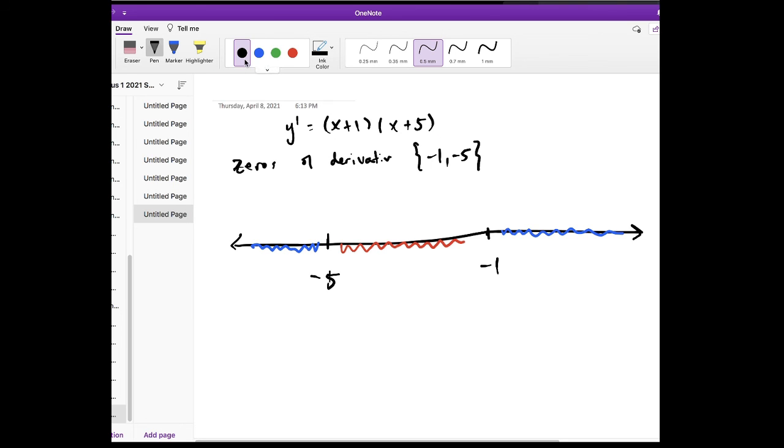Okay, so let's start over here. Can someone give me a test value over here? Yeah, 0. Always 0. Oh, and what do you plug 0 into? Just for f or for f prime?